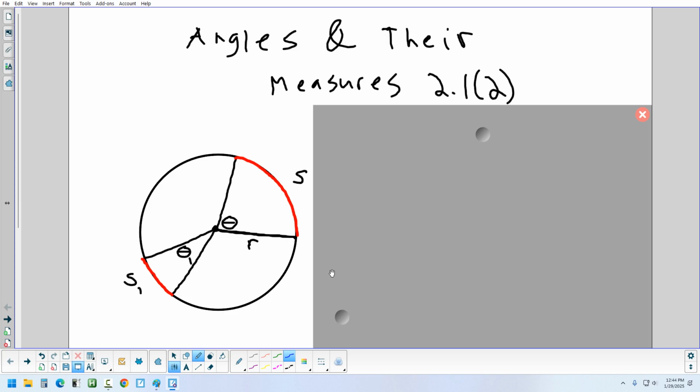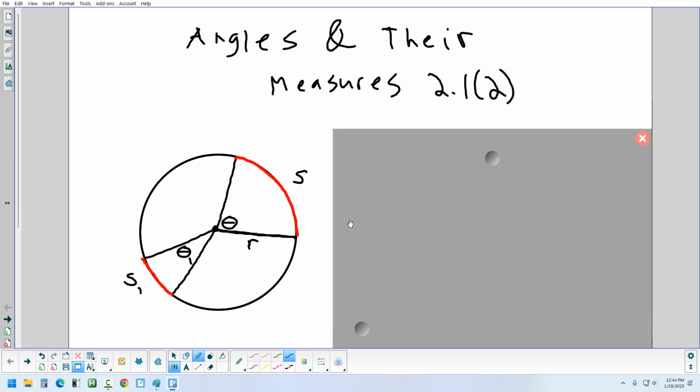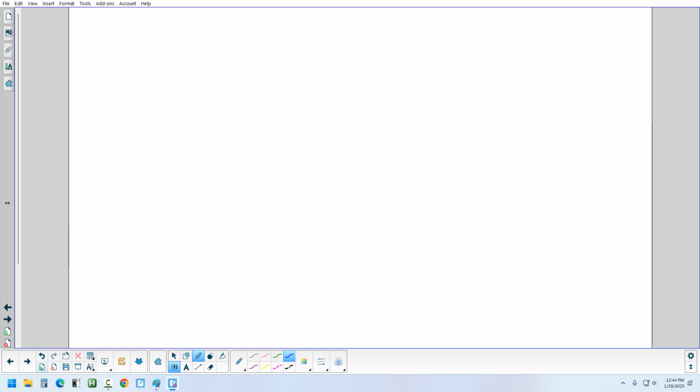All right. So what we want to do is come up with a formula to find what's called arc length. That's the thing in red. That's an arc. Now, in order to come up with a formula, we have to start with something. If I wanted to come up with a formula to convert feet to inches, I use that because it's familiar to most people. I know in 1 foot there's 12 inches.